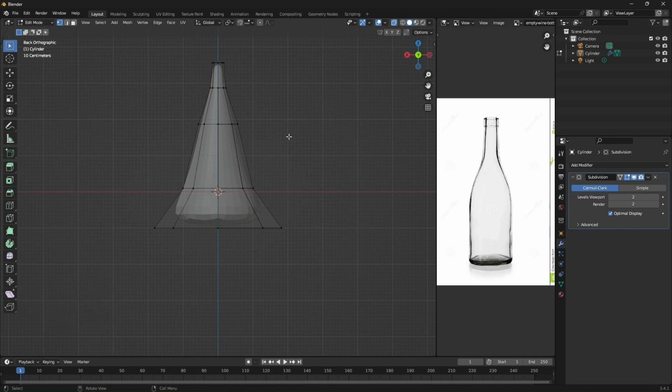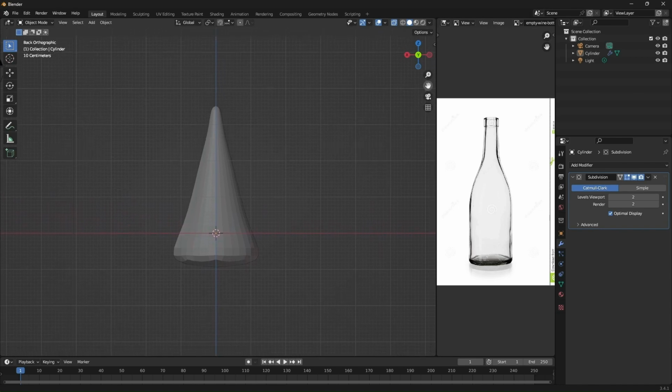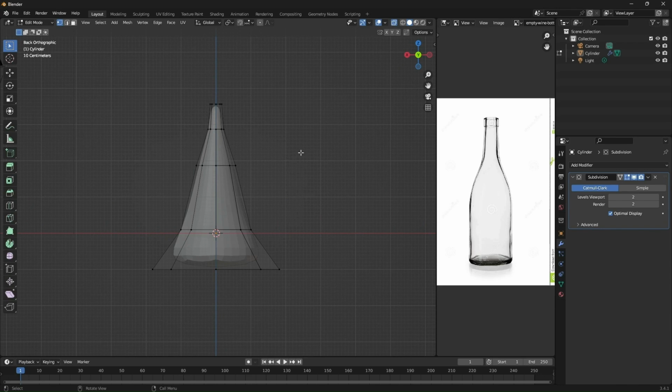I'm going to switch back to the object mode just to see how things are looking. And it's not quite there. A few things can be done to get the shape that we need. So let me start by changing some of this up. Switch back to edit mode. The bottom is kind of wide, so we need to narrow that down.